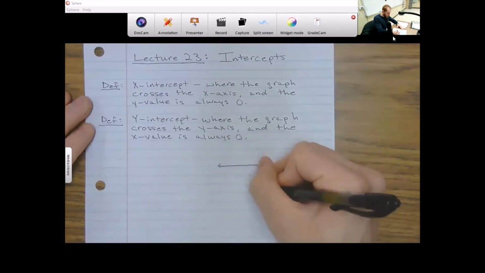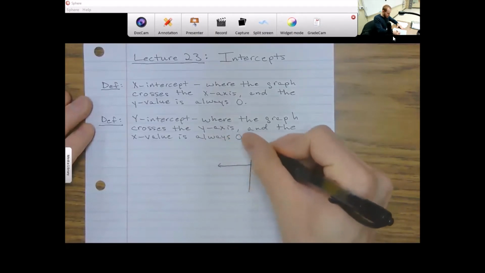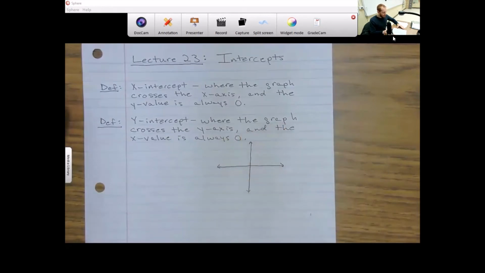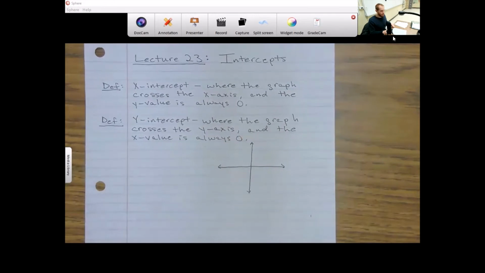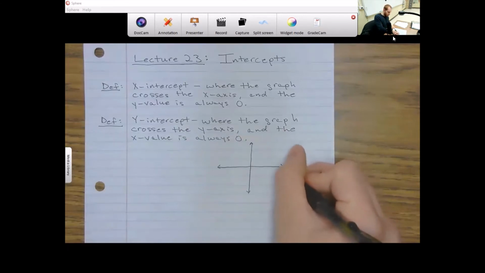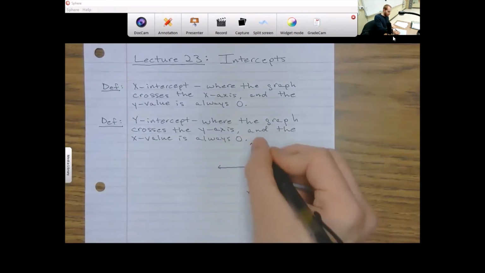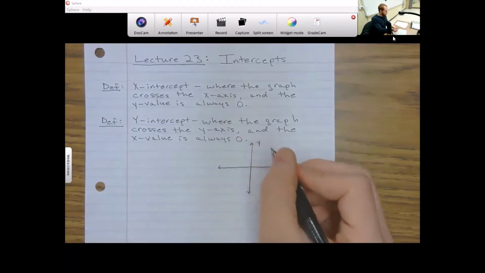And when I draw my lines, I always put arrows at the ends, okay? So I'm going to label the horizontal axis the x-axis, and the vertical axis the y-axis, because the y-axis is always vertical.